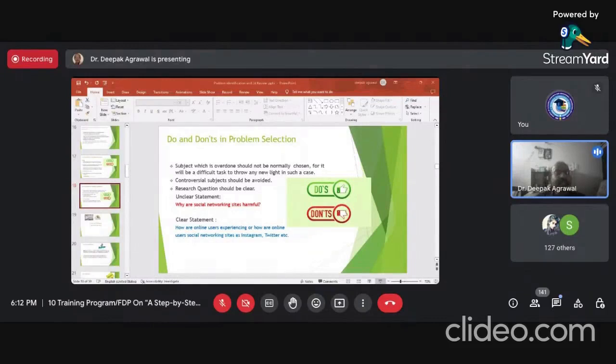You should be very clear with your research questions so that they are understandable. Just for an example, why are social networking sites harmful?